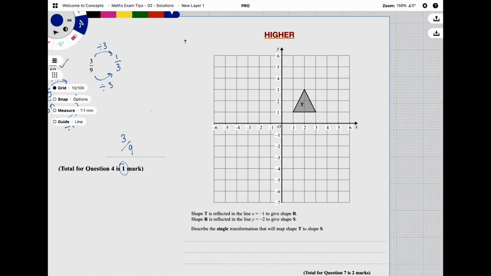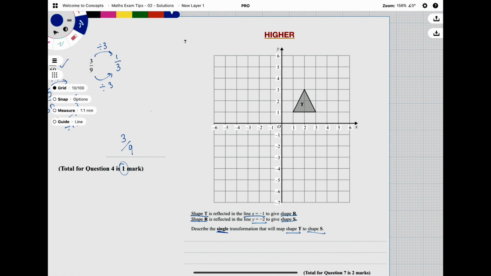Shape T is reflected in the line x equals -1 to give shape R. Shape R is reflected in the line y equals -2 to give shape S. Describe the single transformation that will map shape T to shape S. Let's reread, underlining the really important information: reflected in the line x equals -1, shape R; reflected in the line y equals -2, shape S; single transformation, map shape T to S.